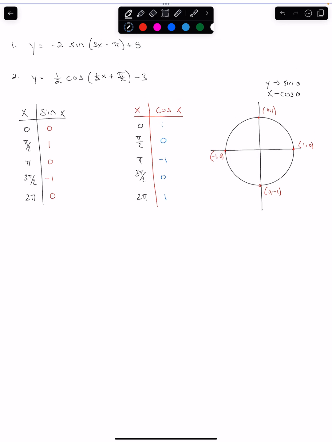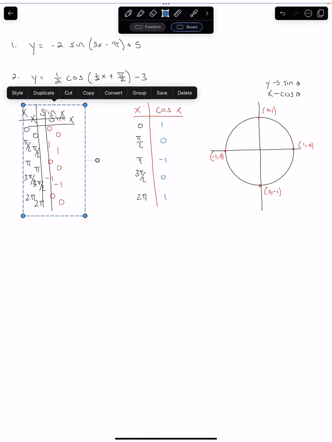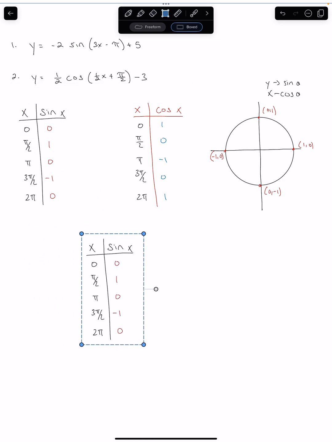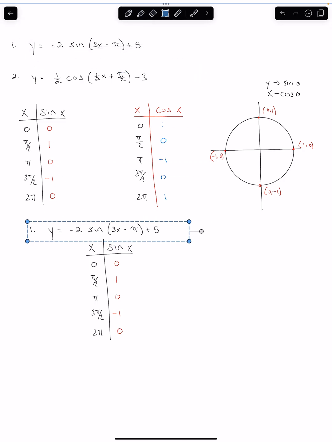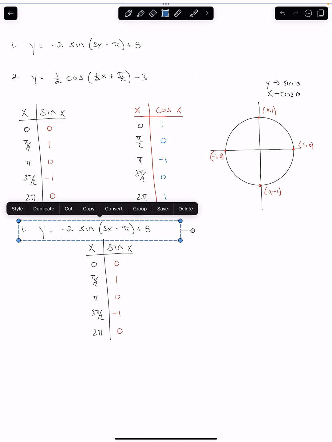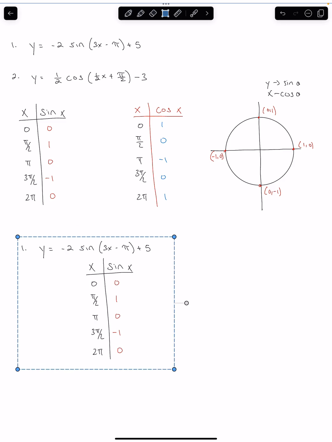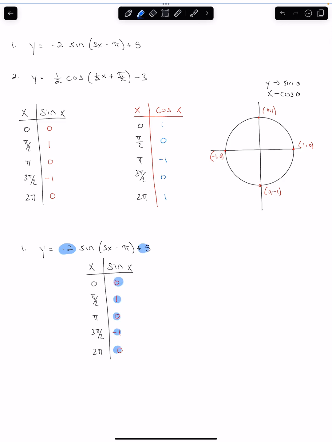Now, I know this is my function for sine, so the first one I'm going to do is sine. All these values of sine are going to be manipulated. Everything on the outside, meaning your negative 2 and your positive 5, is going to affect all your y values.